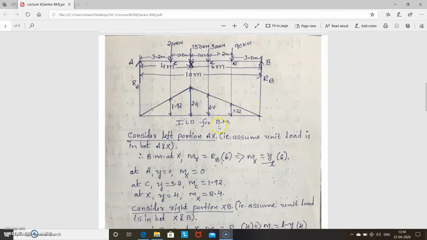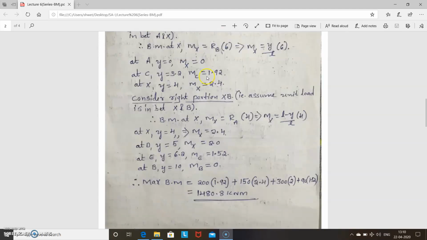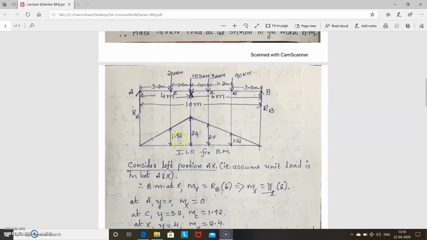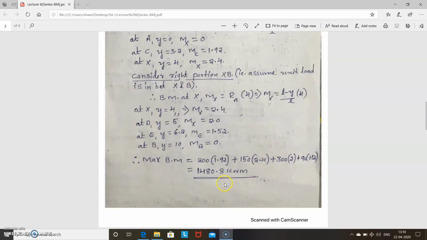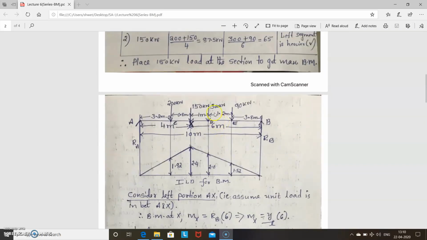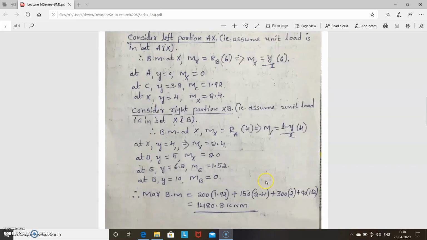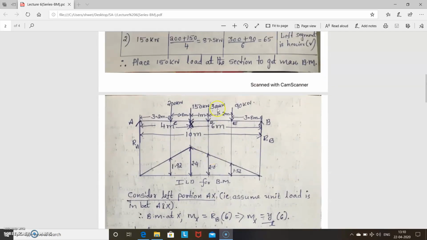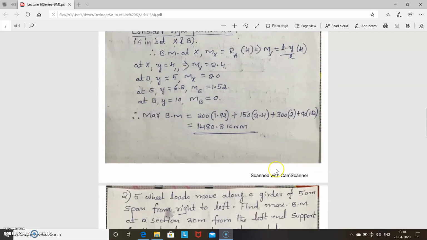Now you can calculate the maximum bending moment. How? Load into this ordinate. So load multiplied by this ordinate. So maximum bending moment is equal to 200 into 1.92 plus 150 into 2.4 plus 300 into 2 plus 90 into 1.52.